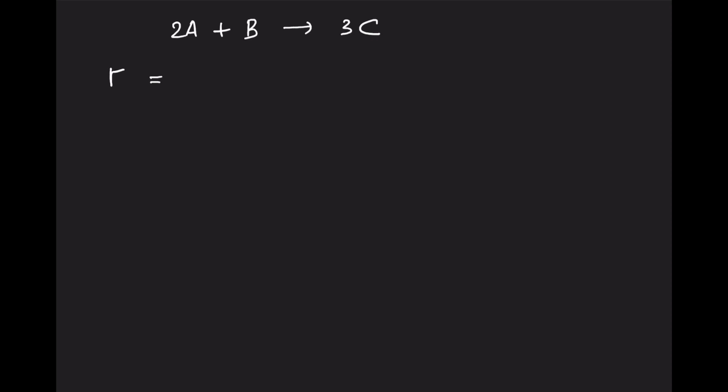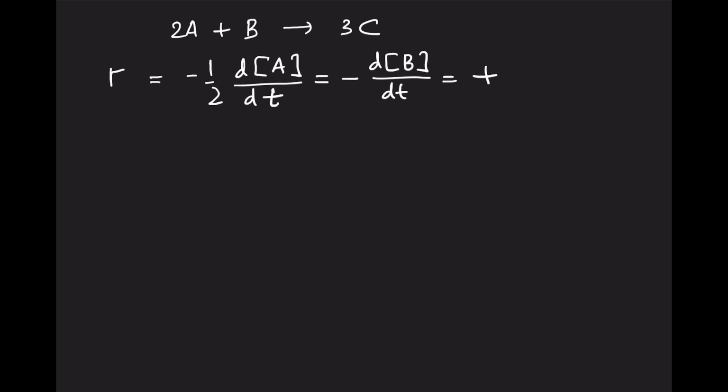We define the rate as negative 1/2 of the change of A over T, also minus the consumption of B over T, and plus 1/3 of the formation of C over T. Now in this case, for reactants, we always use the negative sign as the rate has to be positive, while the reactants, as we can tell from the plot in the previous part, will go down.